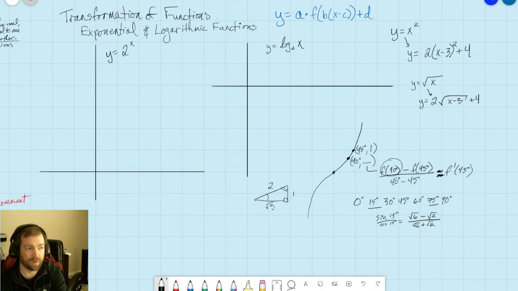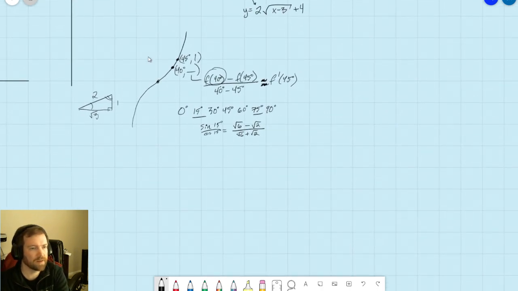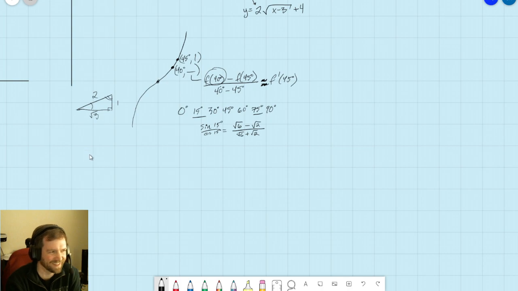So if I want to get in there and prove it, that's an equilateral triangle. Trust me, it totally is, even though it doesn't look like one.